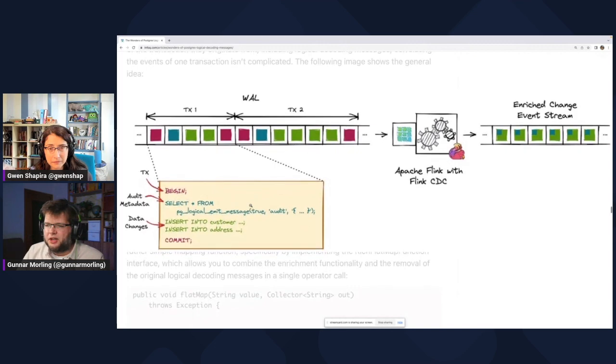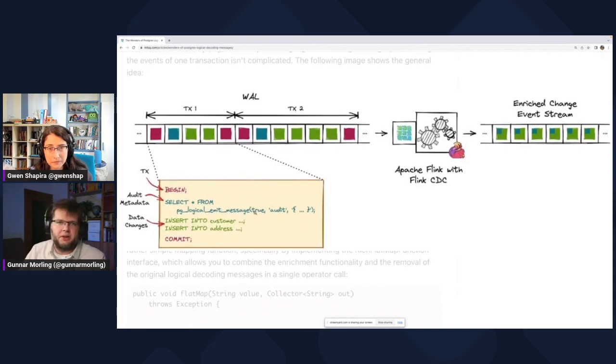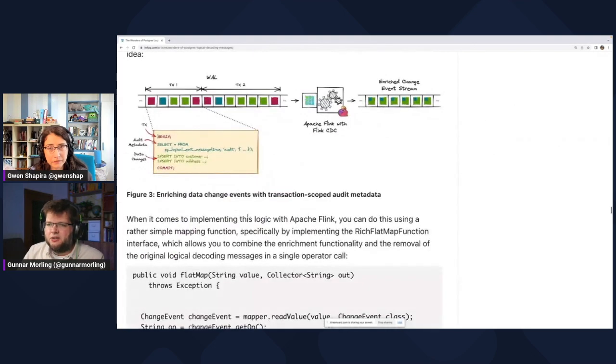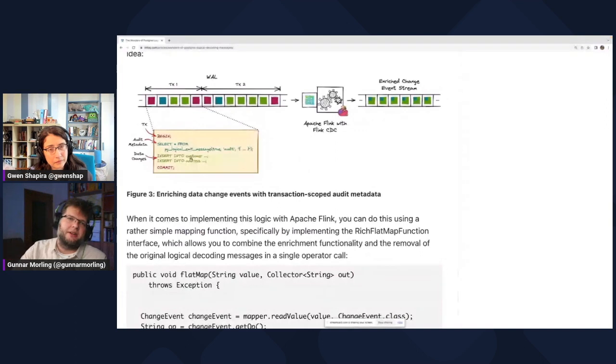So you emit this. You definitely say it's a transactional message because it should be a part of the transaction. Then you do your actual changes, like all your inserts, updates, deletes, and you would use stream processing for taking this metadata, keeping track of it, and then putting it into all the change events which originate from the same transaction.